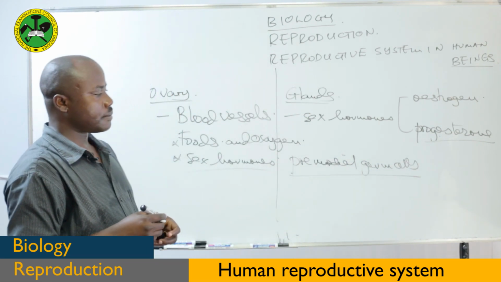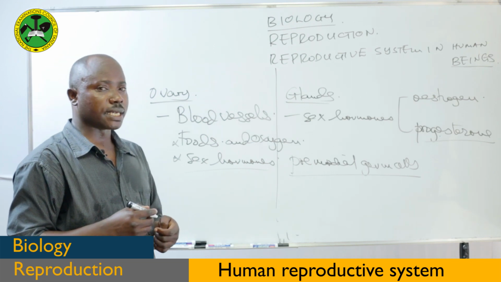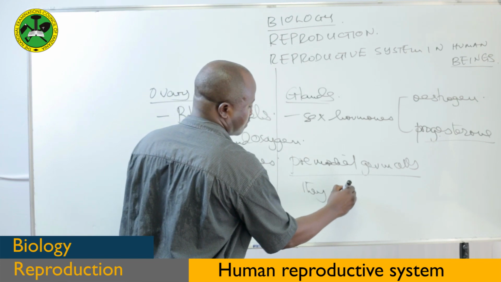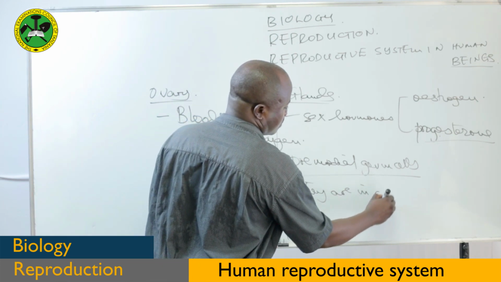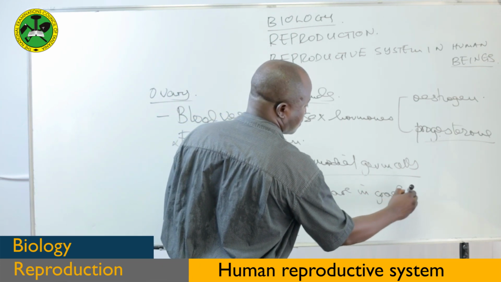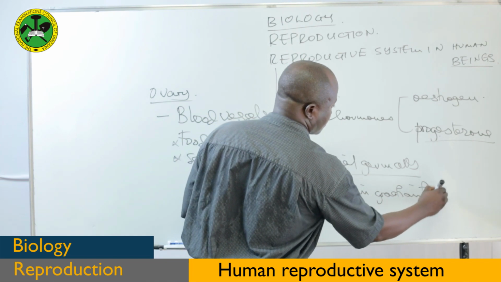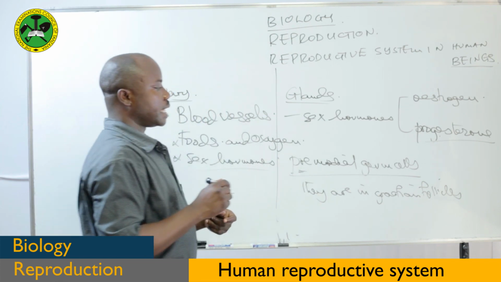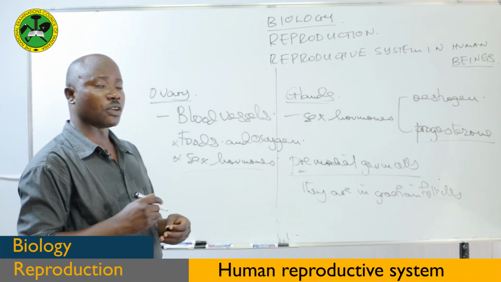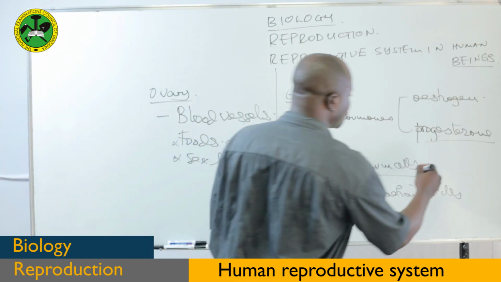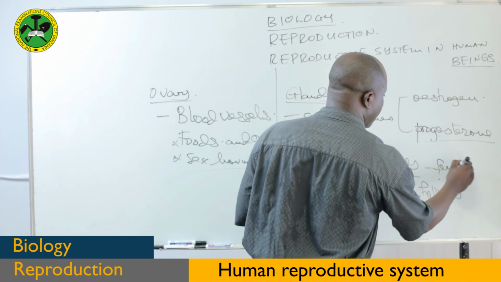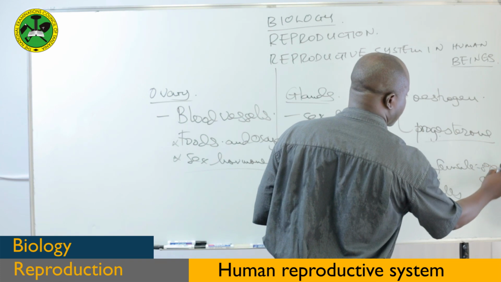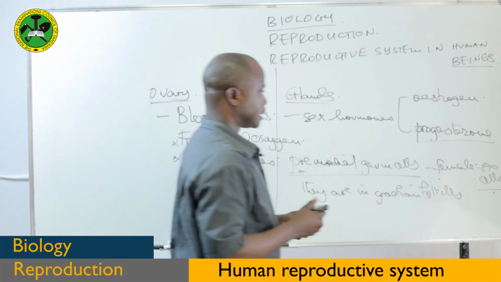These cells are present in the Graafian follicle, therefore, they undergo mitotic division and meiotic division to give rise to female sex cells.